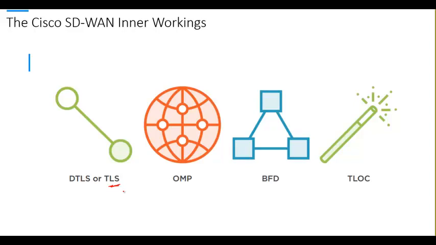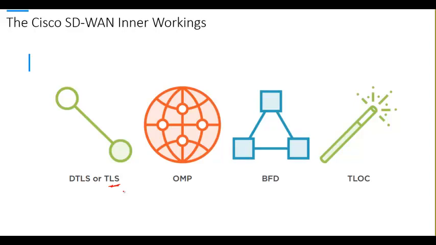So DTLS is only where we have UDP in between. For example, the vBond, the orchestrator, uses DTLS because the connections are mostly using UDP.